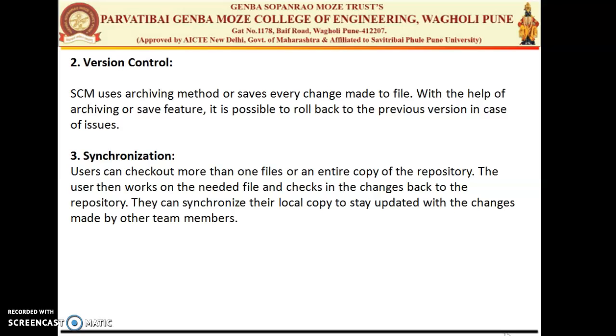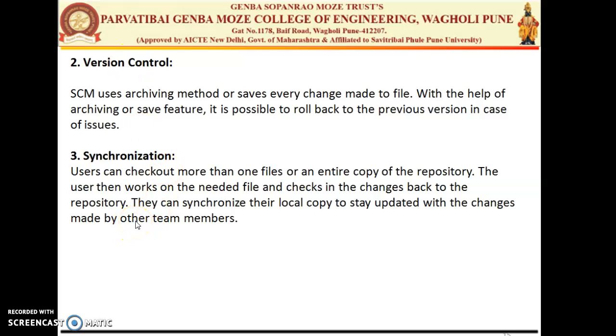So if version 3 is not working, you can easily get version number 2. The changes we are making to the file should always be saved, and we should always be able to get the previous version in case there is any issue in the current version. That is called version control.